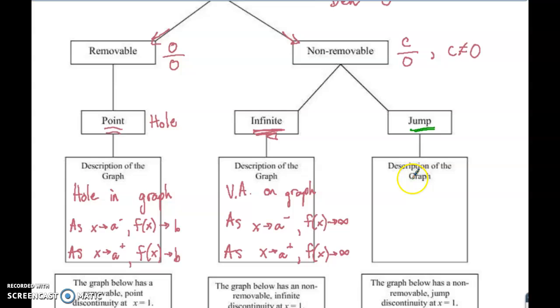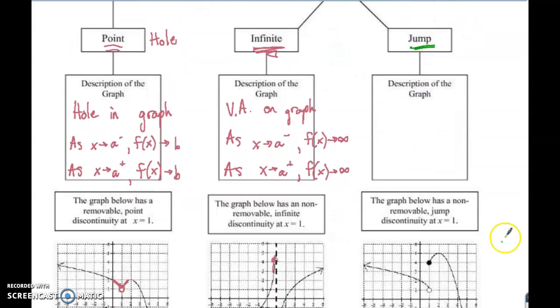There's a lot of different ways that we could describe it, but we could talk about as x approaches a on the left side, the function goes to c, and you just want to make sure that on the right side it goes to some different value. So I'm going to call it d.